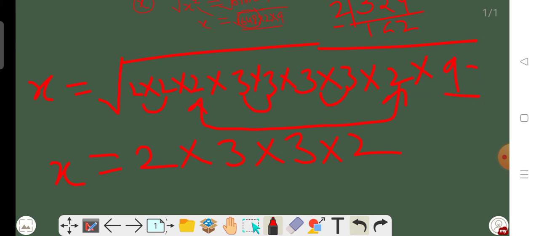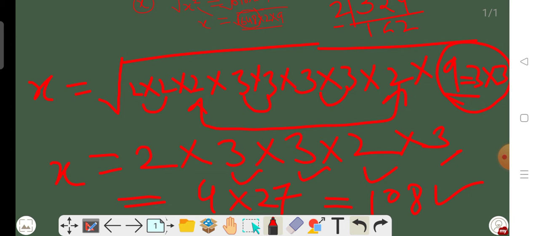And we know that 9 is equal to 3 multiplied by 3. In place of this we can write 3. So the value of x is equal to 2 multiplied by 3 multiplied by 3 multiplied by 2 multiplied by 3. Okay. So now the value is 4 multiplied by 27, and this is equal to 108.